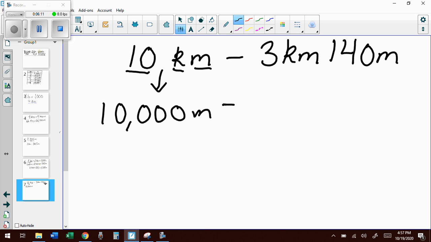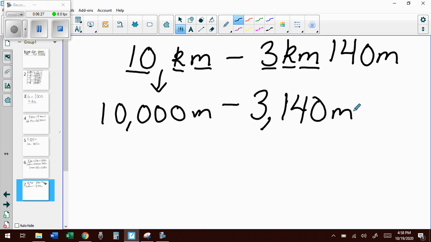We're still subtracting. 3 kilometers is literally 3,000 meters. 3,000. Oh, well, we have some left over. 140. That's still in meters. Now this looks more familiar to me. I don't know about you.